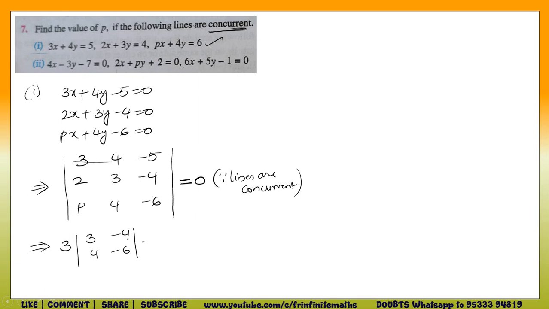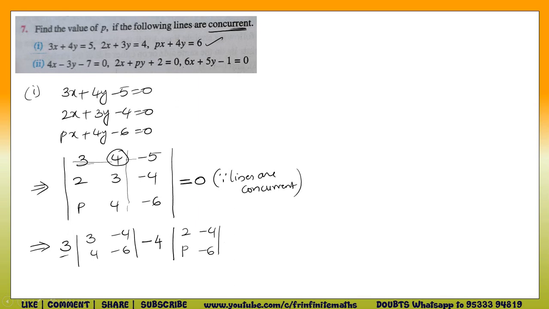Next, followed by the sign convention, since the first one we consider positive, next automatically negative, so minus 4 times of, eliminating the row and the column in which that 4 is present, this determinant is |2 -4; p -6|.